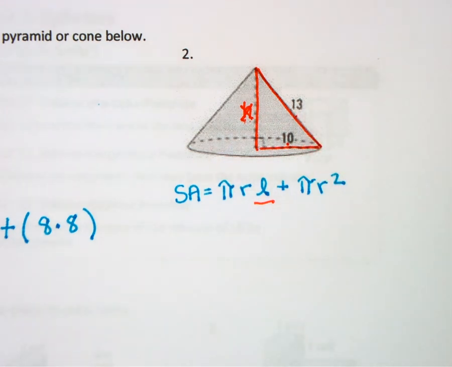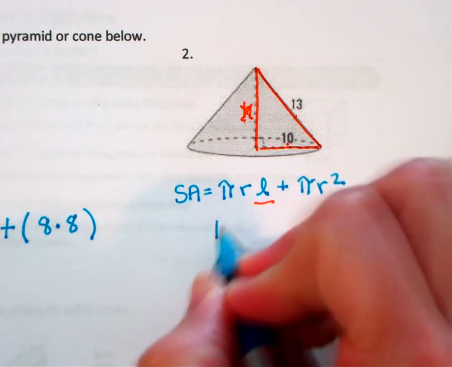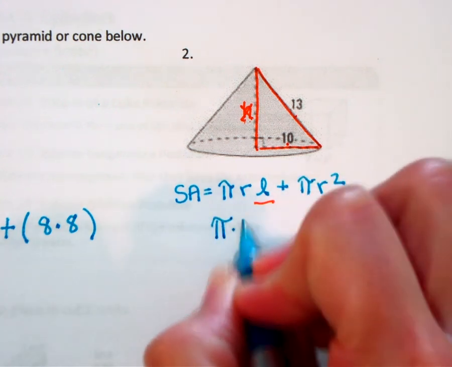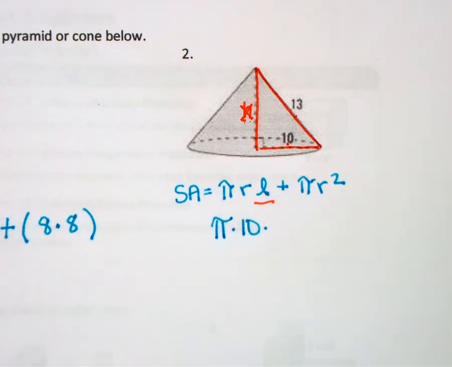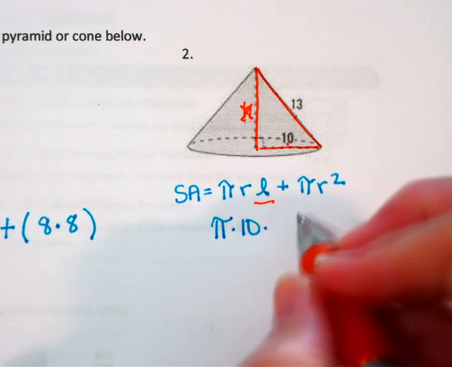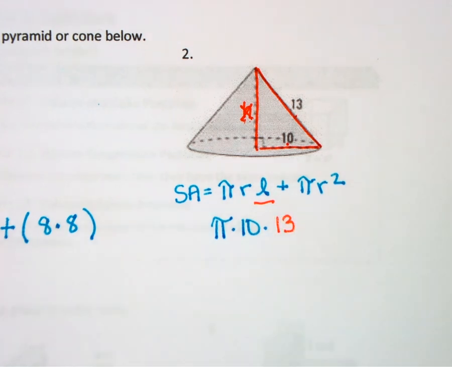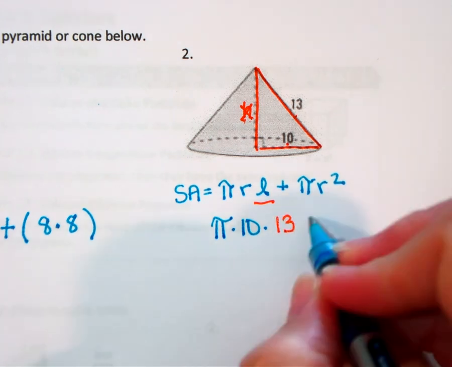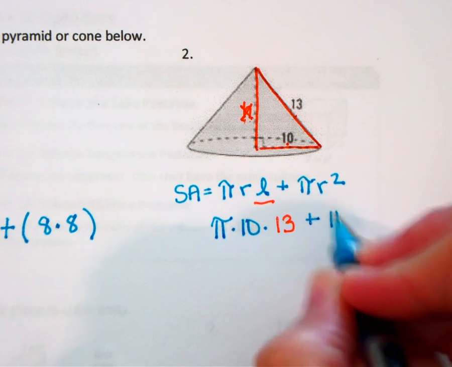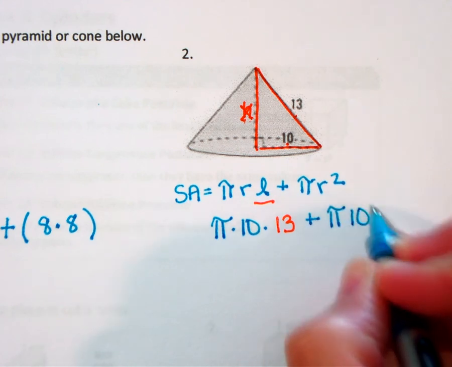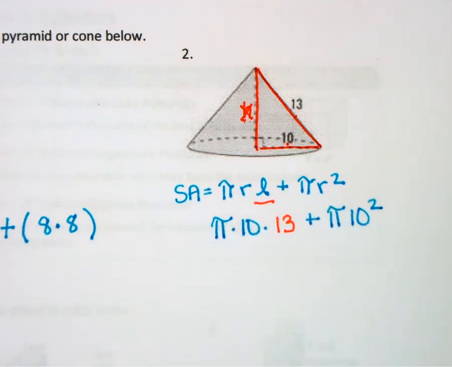So my radius here is 10. When I plug these into the formula, it's going to be pi times 10 times, let's throw in our slant height, 13, plus pi 10 squared.